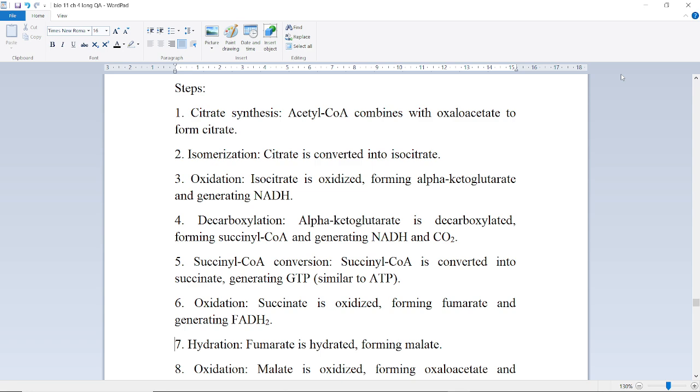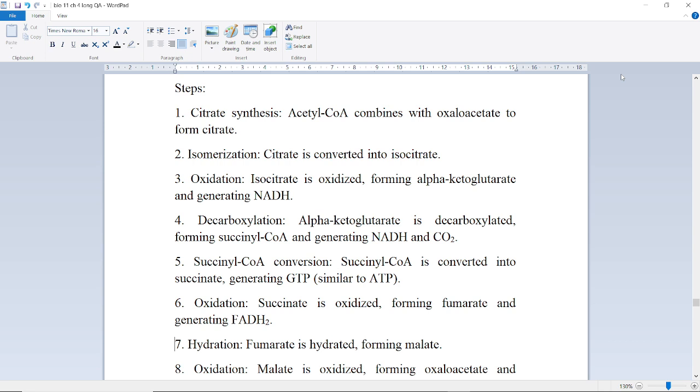Oxidation: isocitrate is oxidized, forming alpha-ketoglutarate and generating NADH. Decarboxylation: alpha-ketoglutarate is decarboxylated, forming succinyl-CoA and generating NADH and CO2. Succinyl-CoA conversion: succinyl-CoA is converted into succinate, generating GTP, similar to ATP.